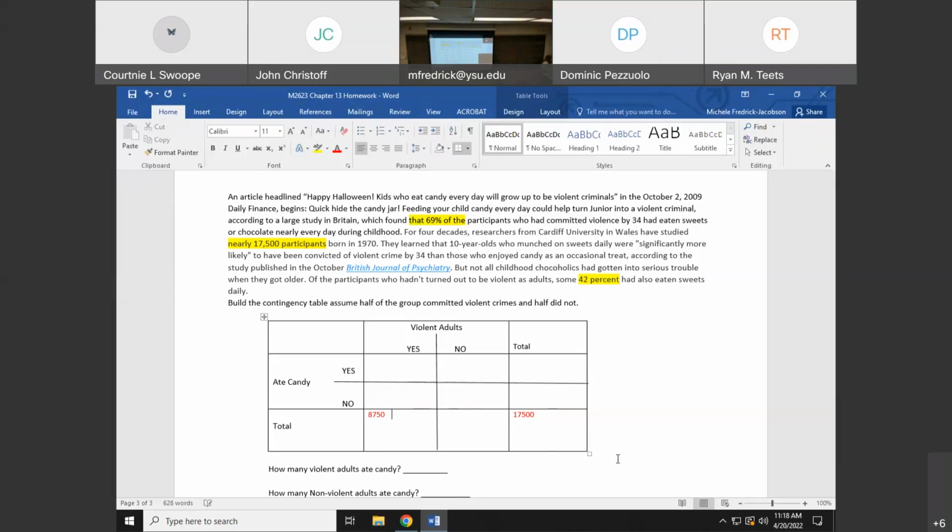I don't know how I made this table. Okay. 69% of the participants who had committed violence had eaten sweets.